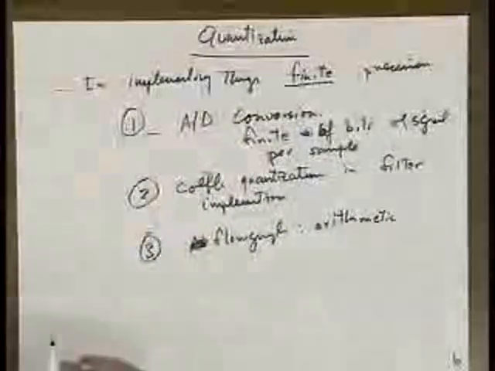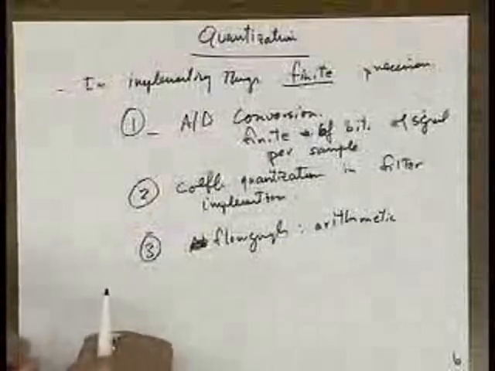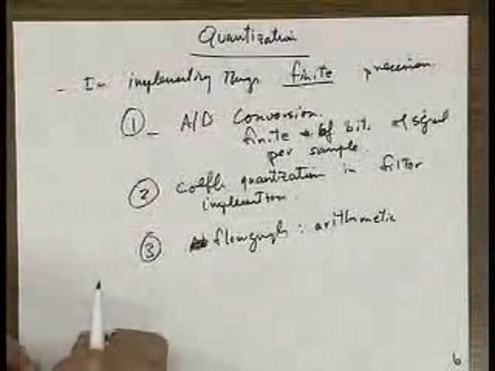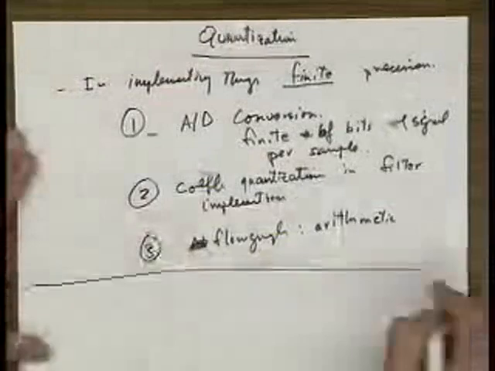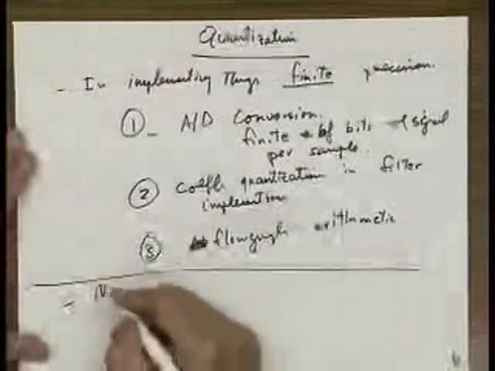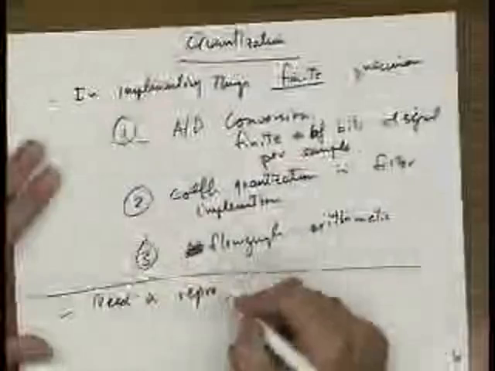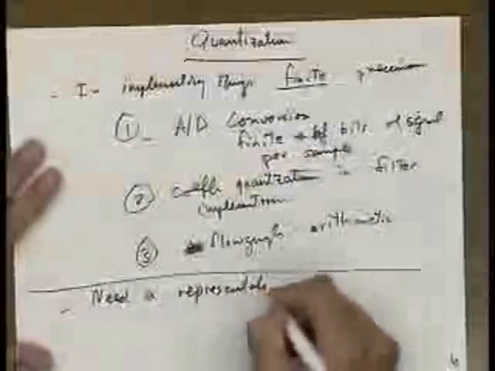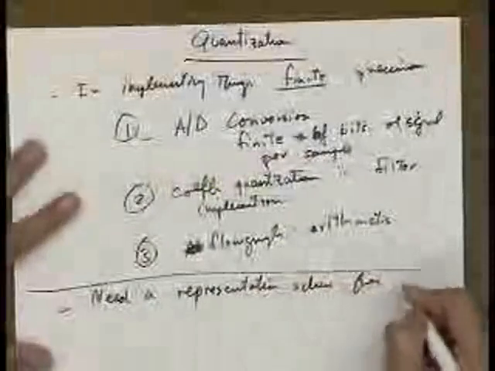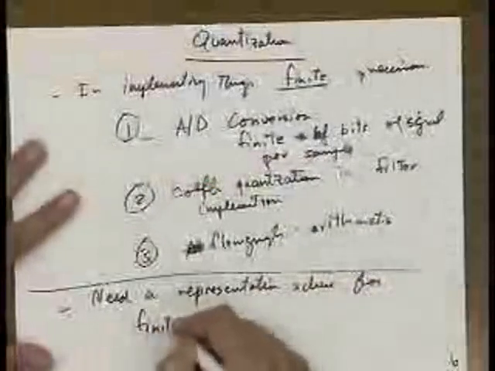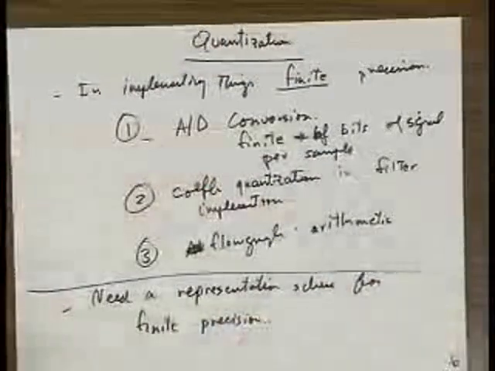Okay. And so, bottom line is you have to come up with a number representation scheme. We need a finite precision representation for our numbers. And there are many possible representations.